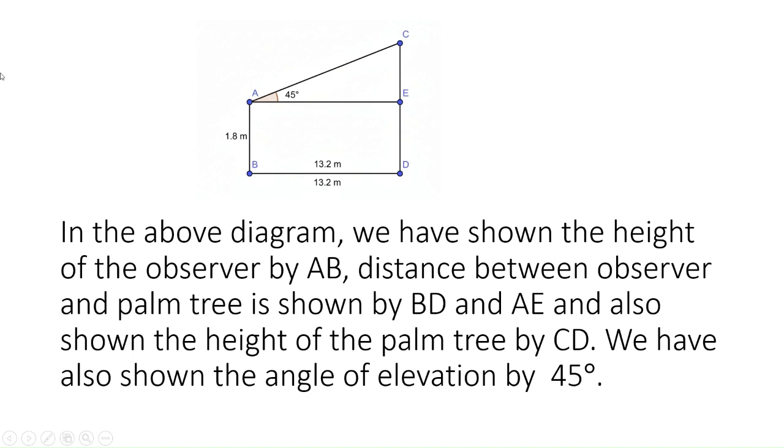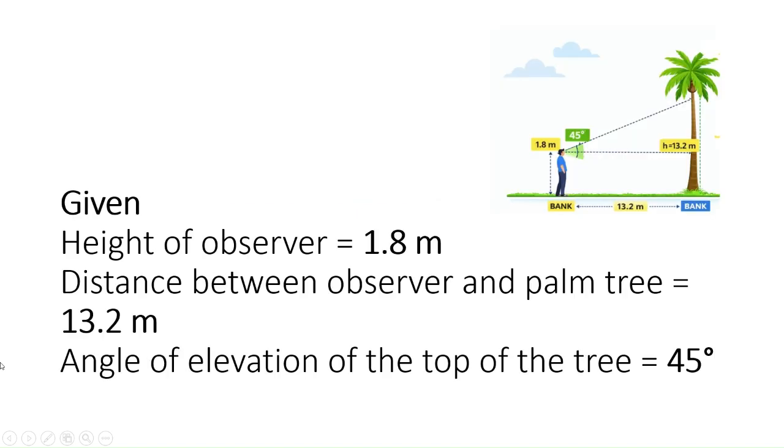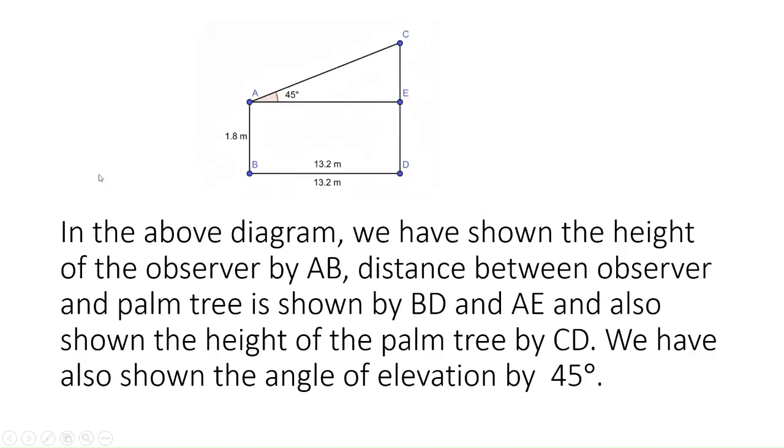Yes. Now, in the above diagram, we have shown the height of the observer as AB, and the distance between the observer and the palm tree is shown by BD.